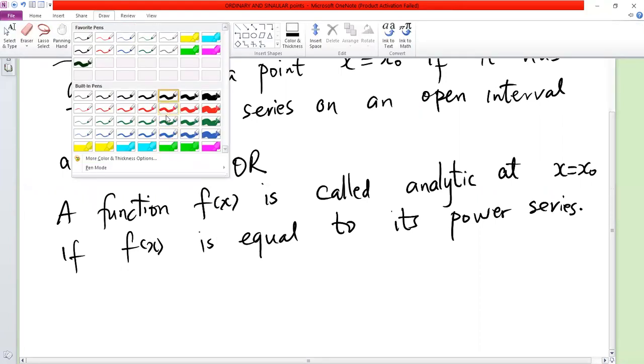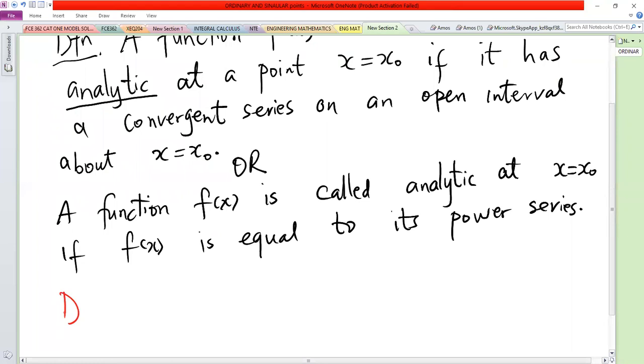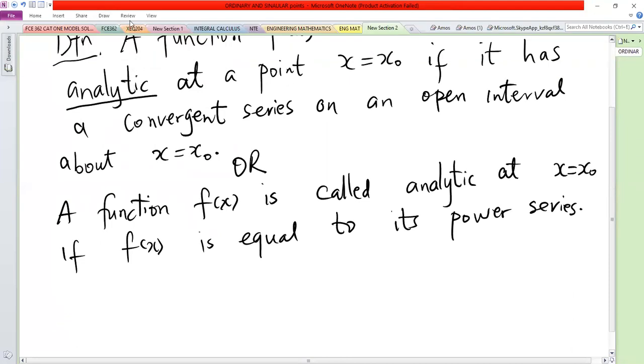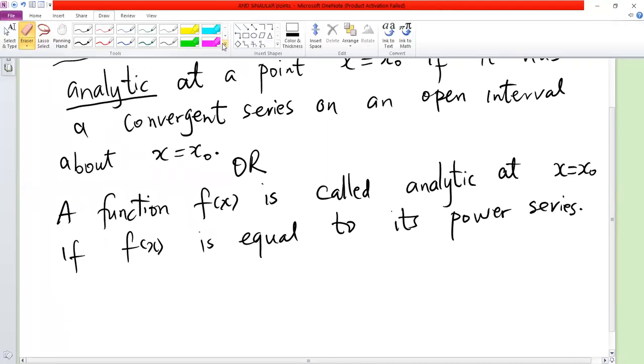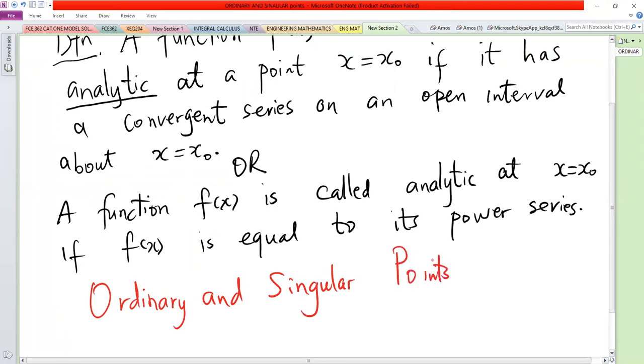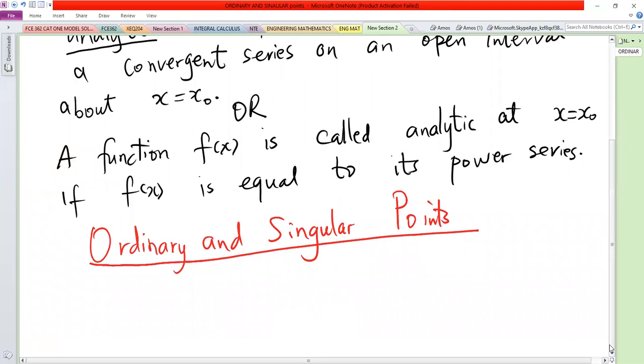So definition, ordinary and singular points. I'll give the definition based on a second order differential equation.